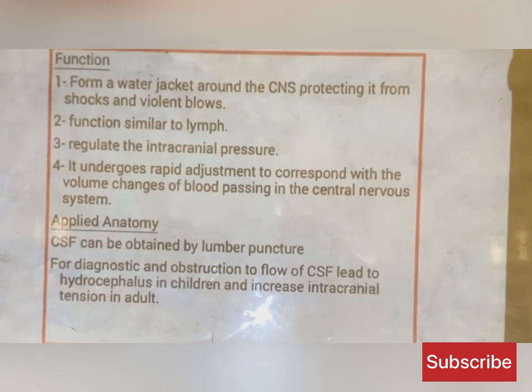So you see, as I told you before, the CSF has a lot of functions. One of the functions I told you is that it forms something like a shock absorber. It makes the brain buoyant, so it absorbs any shock. The cerebrospinal fluid is responsible for forming something like a water jacket around both the brain and the spinal cord, so that it absorbs any shock that comes along with the brain during an accident or whatever.